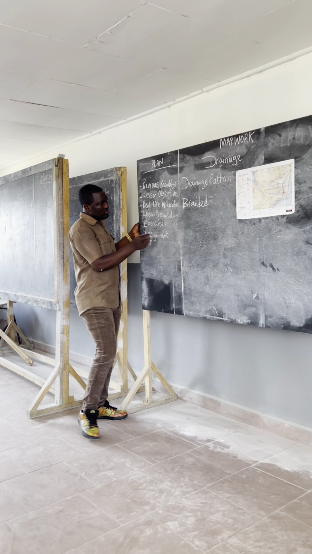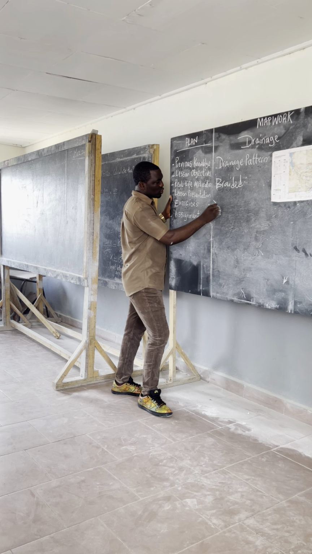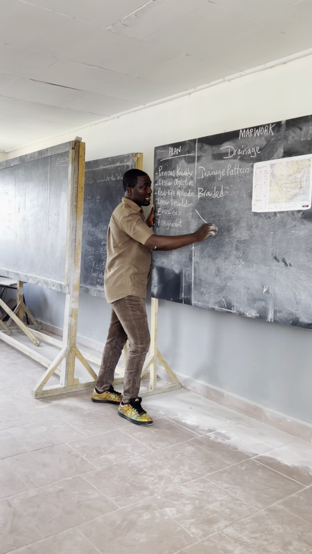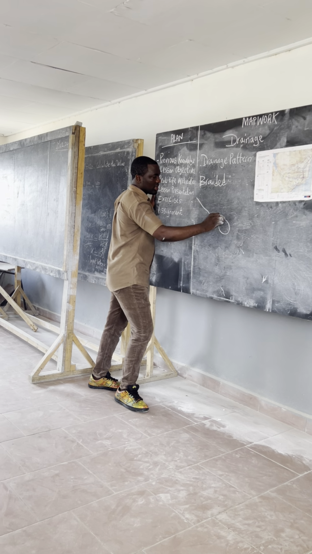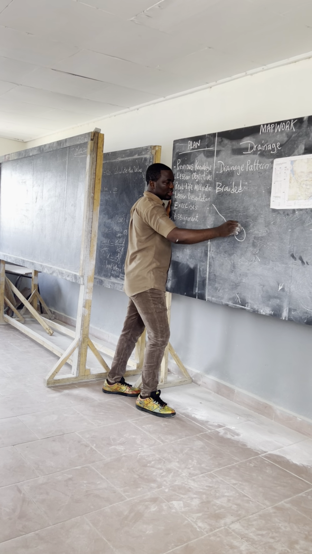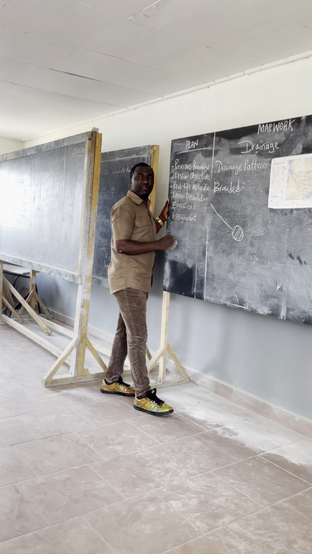Like I said, the stream from its source flows, carrying eroded material from the origin. Now it deposits this material on the ground. Materials accumulate so much so that the stream cannot break through this material and flow.